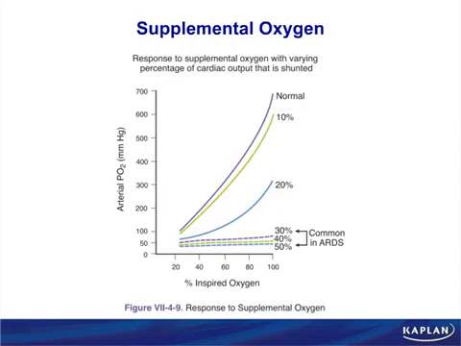Now, it's not 100%. As this graph shows, giving supplemental oxygen can correct the hypoxemia of a shunt if there's not a massive amount of shunt, so 10% or 20%. But what's more common in severe cases in ARDS, adult respiratory distress syndrome, is that it won't correct because there's too much shunt blood flow, and I can't get the oxygen to the appropriate place.